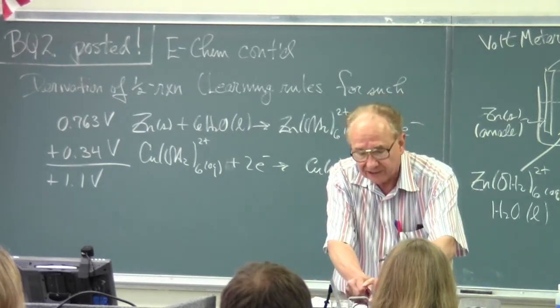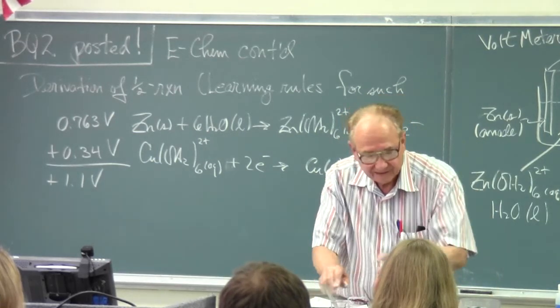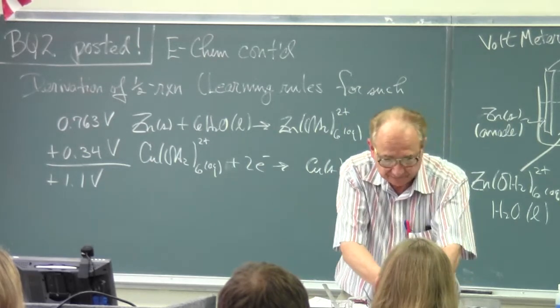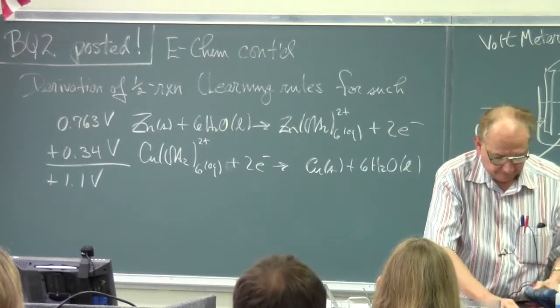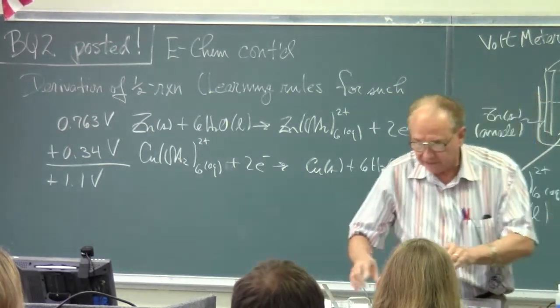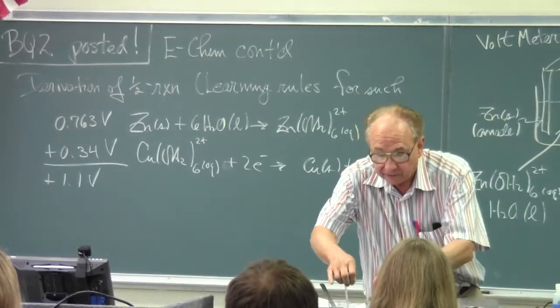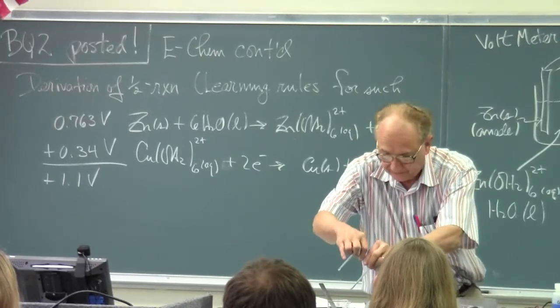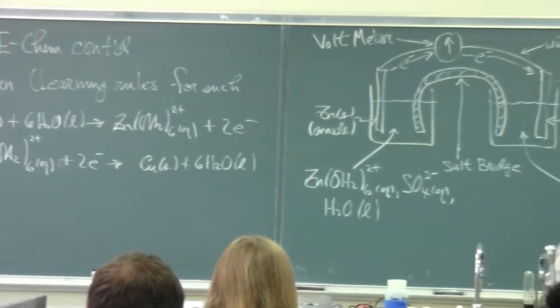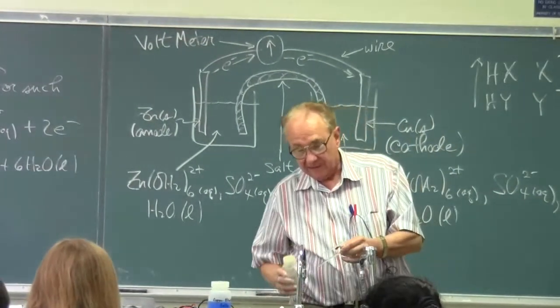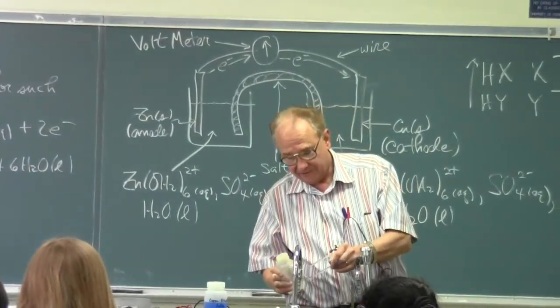So I'll for now disassemble this. Turn this off. And carry on with the other investigations that we would like to get at. Let me tidy up my poor man's salt bridge. The poor person's salt bridge.